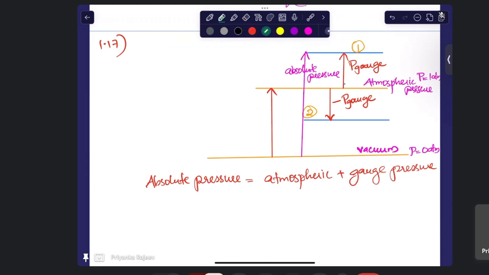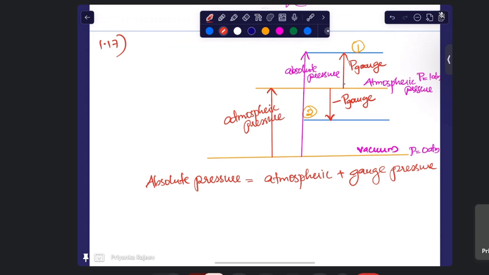So even atmospheric pressure is absolute pressure of atmosphere with respect to vacuum. Okay, so I'm just avoiding that to avoid the confusion. So this is again atmospheric pressure. Now I think it is easier to understand.